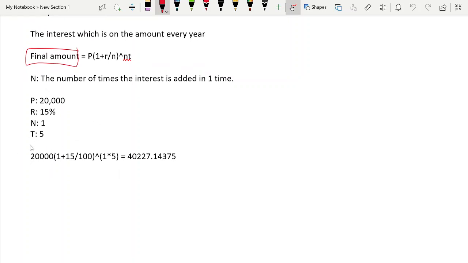Let's go $20,000, and in brackets 1 plus 15 by 100, you have to add it there because it's a percentage, to the power of 1 times 5 is equal to 40,227.14. That's what you have to pay if you have compound interest.